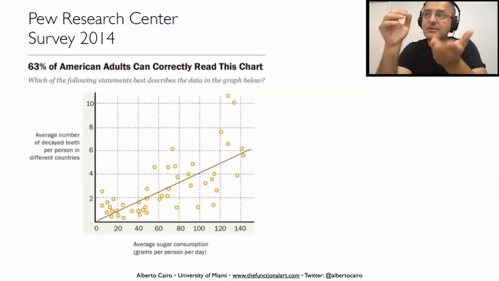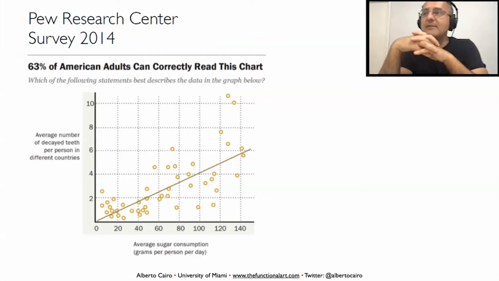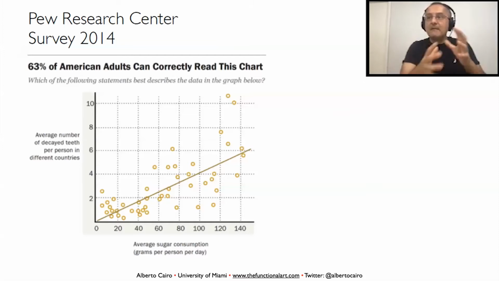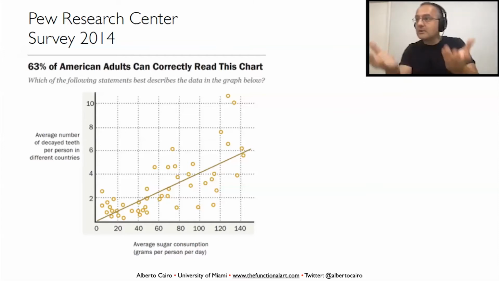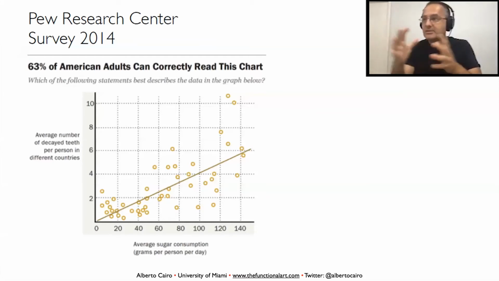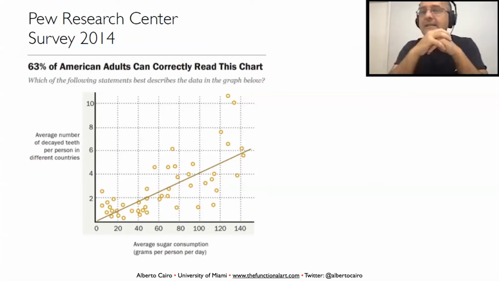And the position on the vertical axis corresponds to the average number of decayed teeth among people in that country. So as you can see, there is a vague positive association between sugar consumption and average number of decayed teeth, right? We cannot establish causation, but there's certainly an association between one number and the other number.